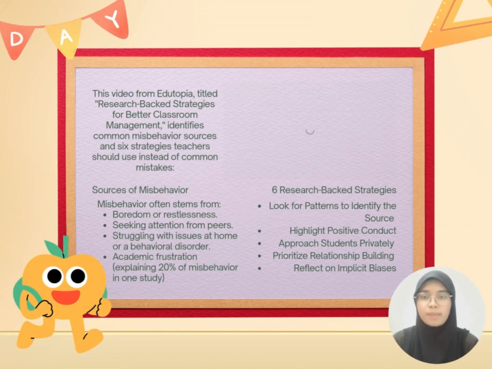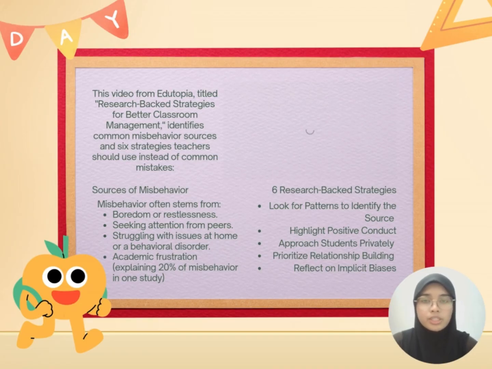So my second sample is from a video from Edutopia titled Research Back Strategy for Better Classroom Management, which identifies common misbehavior sources and seeks strategies that teachers should use instead of common mistakes that were often made in the classroom.